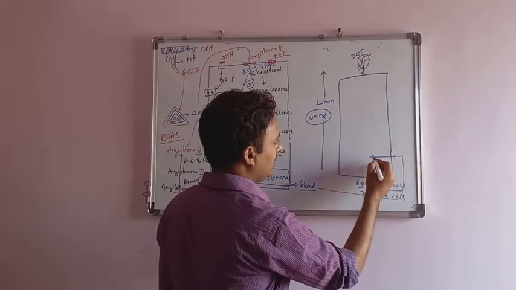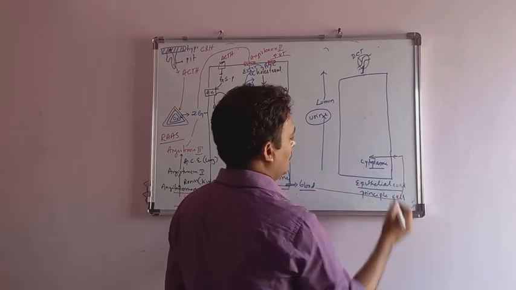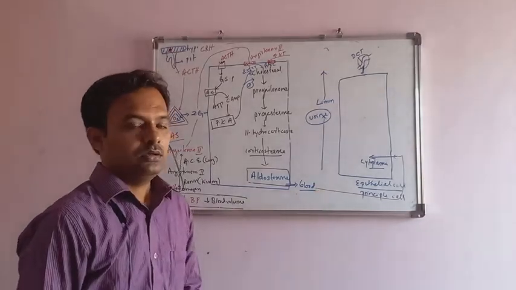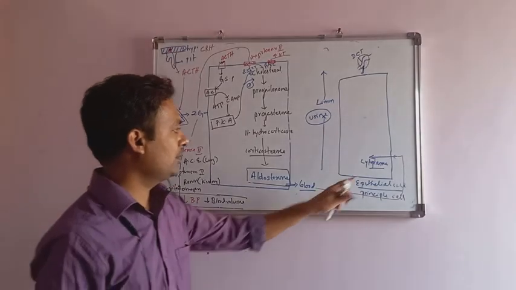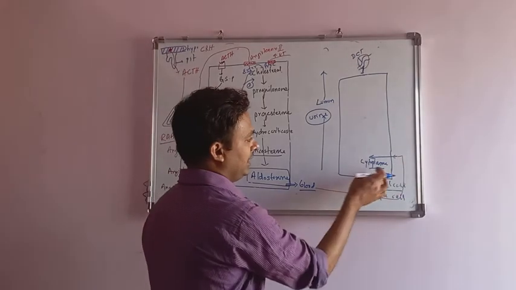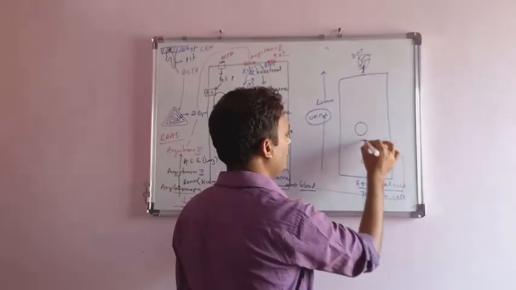It comes directly into the cytoplasm. Why? Because as I told, it's a cholesterol derivative and it's a steroid hormone. It easily crosses the cell membrane.